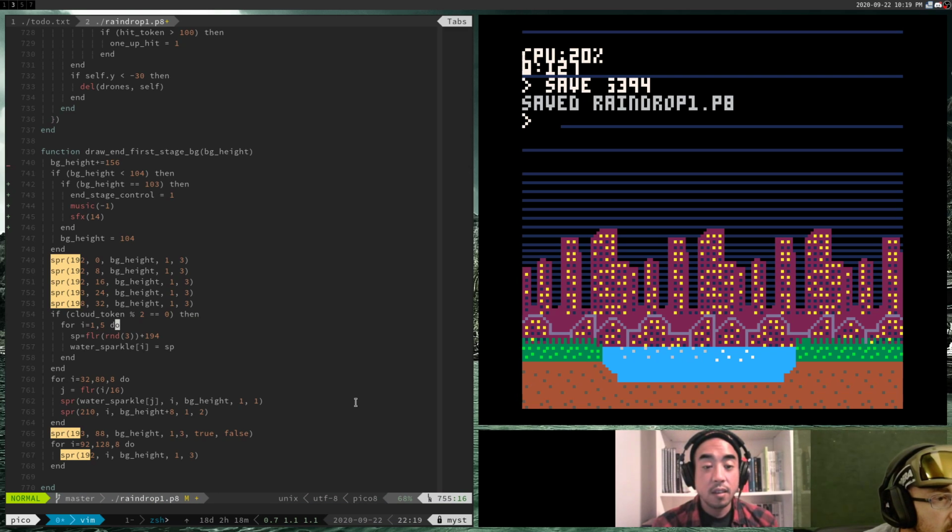But now this one is going to be cloud token, water sparkle. We're at 32 over here, so we've got to increase this side, which is going to decrease the amount of sparkling we're doing. Which we could probably get rid of one of these actually also. 32 plus 8 is 40.